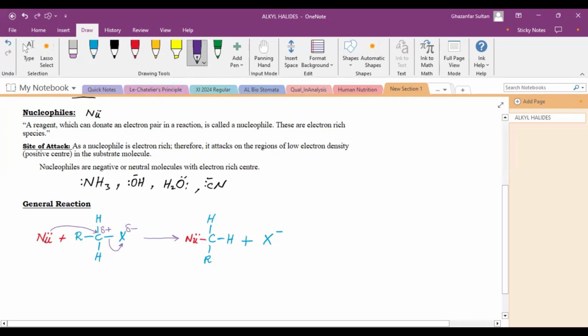So this Nu is the attacking nucleophile, and this is the leaving nucleophile.